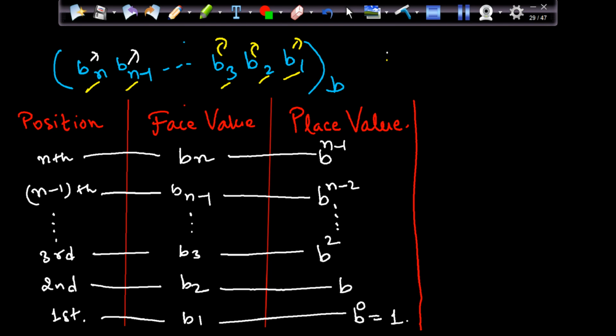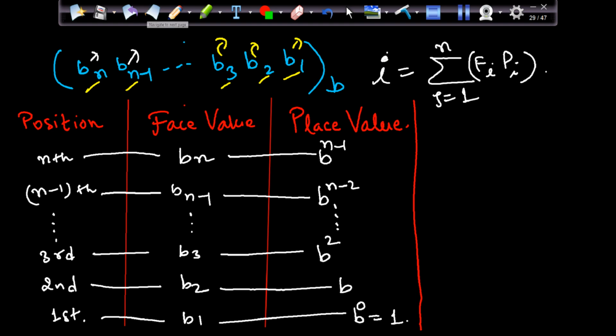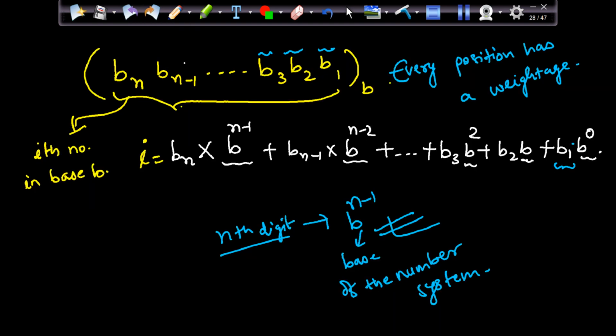And so we can write the value of I. The value of I is equal to summation j is equal to 1 to n, face value at the jth position into place value at the jth position. This is what the value of I is.